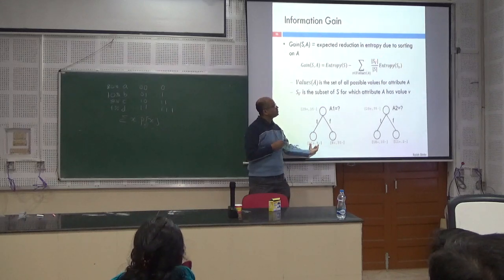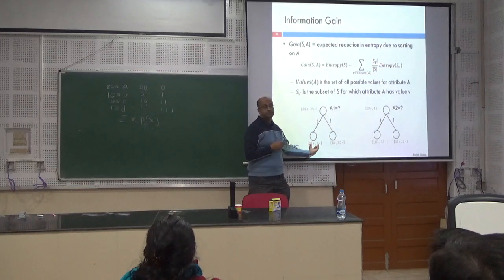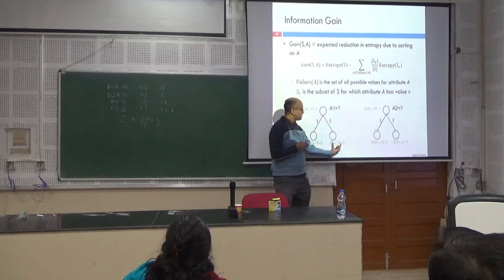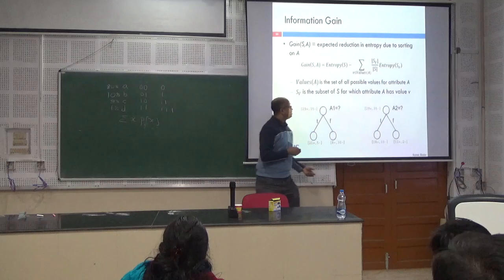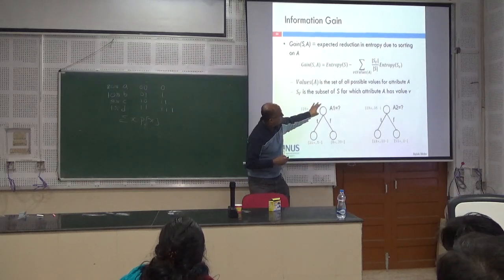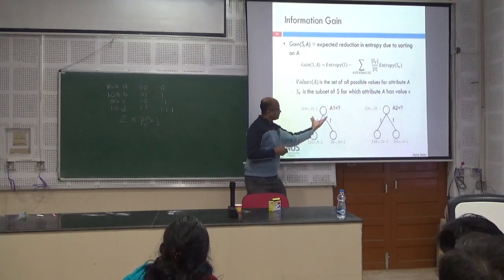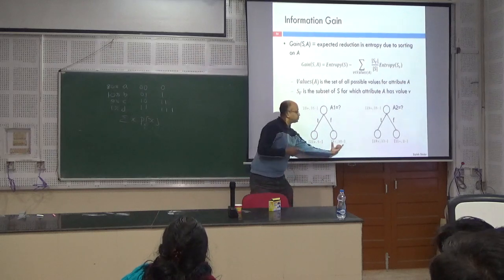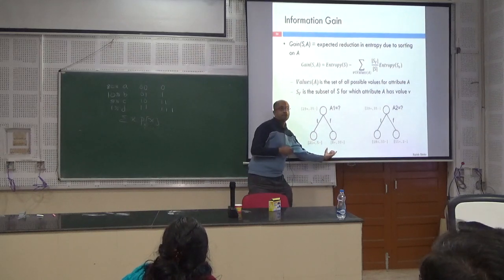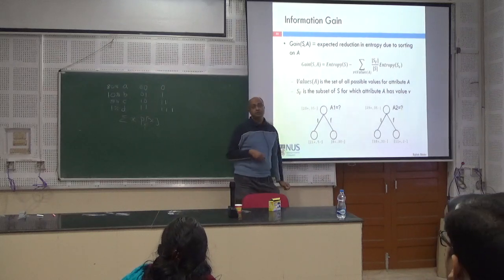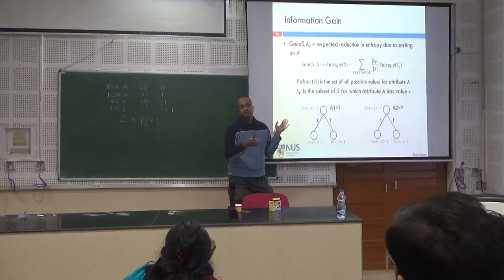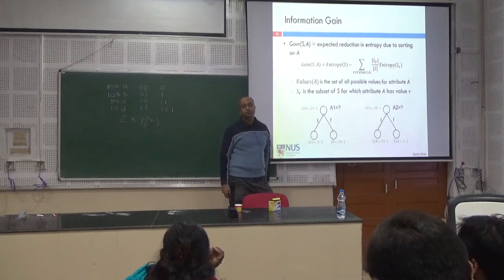So S_v here will be 26 over 64. And for this guy, it will be 38 over 64. So this is the entropy I started with. And when I go here, these will be the two entropies. I weigh them by the number of samples here and the number of samples here. That's what I'm doing. And I take the difference.